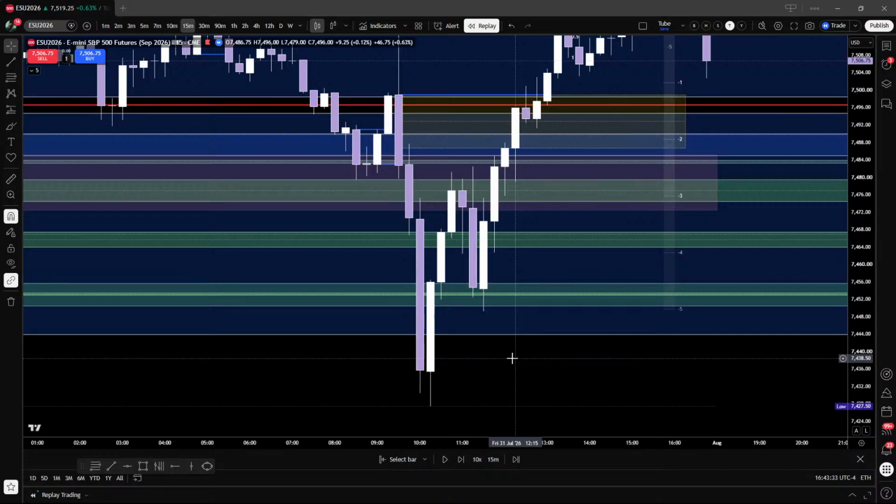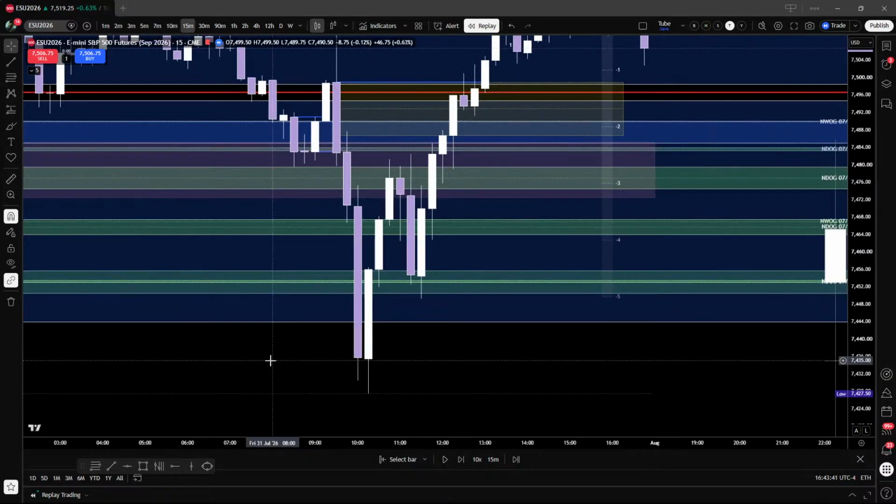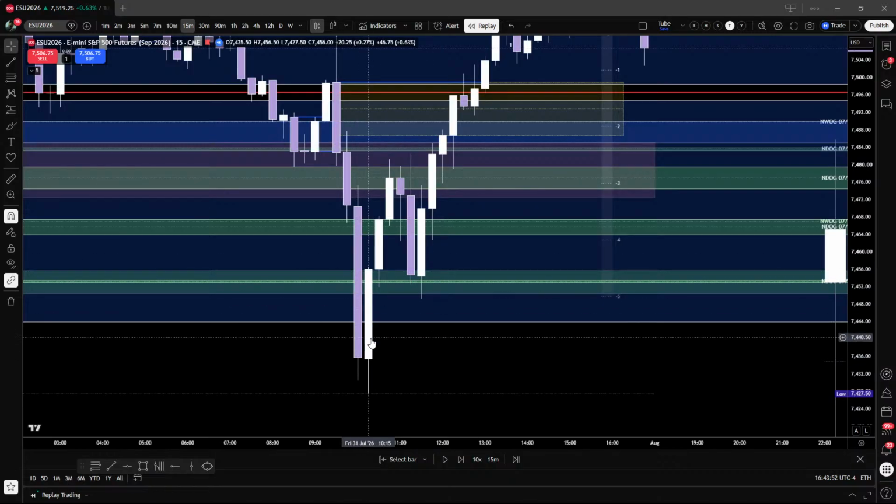Yeah, but that's not what I'm talking about right now. Because here, what is the first swing? Swing low and swing high. It's not only the first bullish candle, it's the first three.